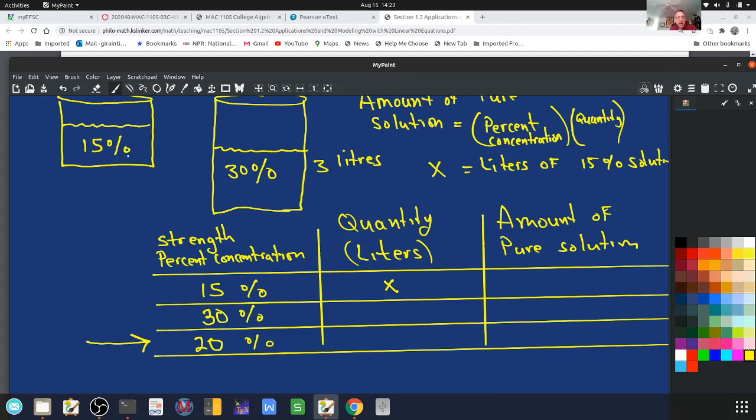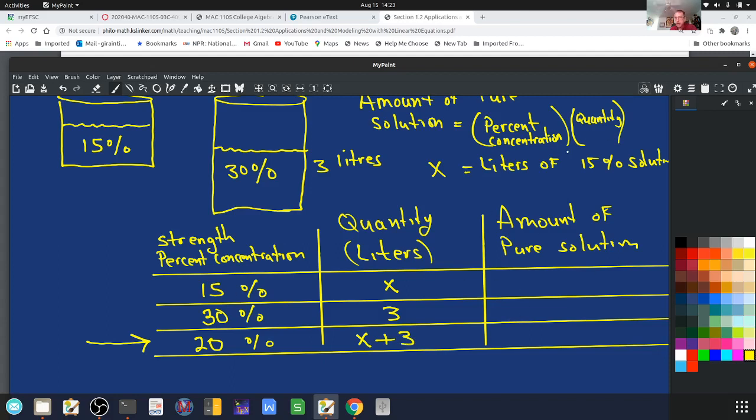So when I dump my 15% solution into the 30% solution to get my 20% solution, I'm adding whatever amount I'm putting in my 15% jar into the 30% jar, which is already 3 liters. What's my amount of pure solution?